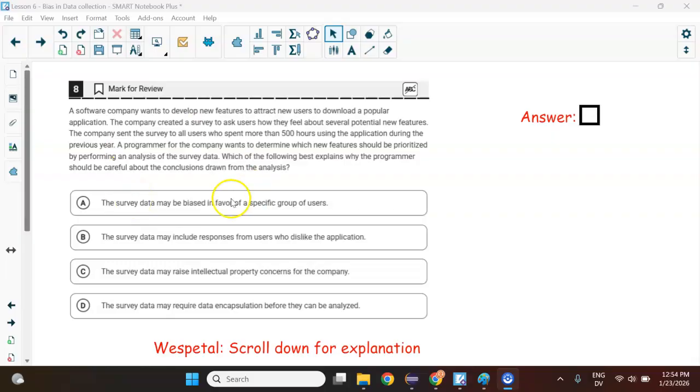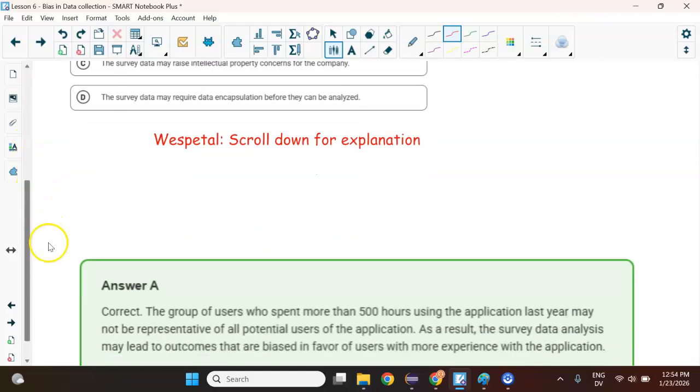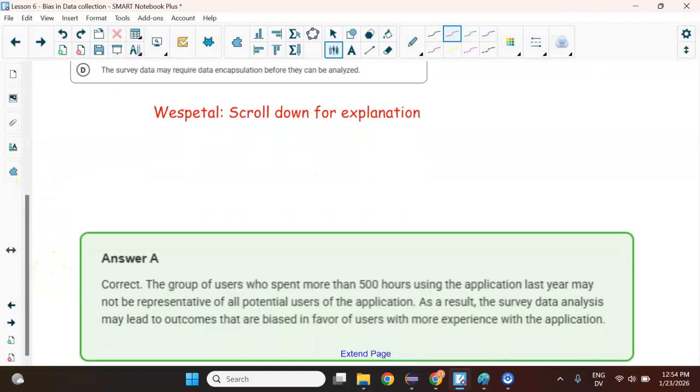Okay, and so the right answer to this is A. Especially here, it says users have spent more than 500 hours. So this favors people that are really experienced with the program, but it doesn't represent all the different people that might use it. So here's the explanation from the AP site if you want to see that.